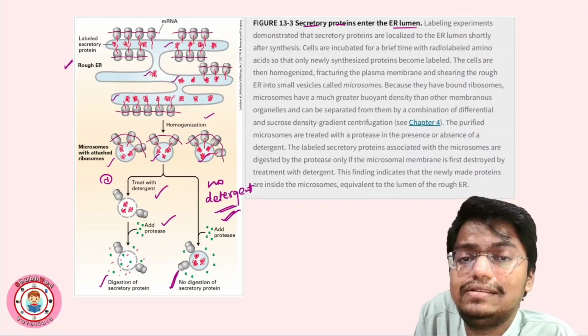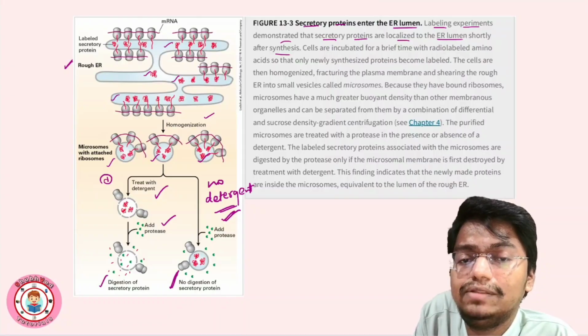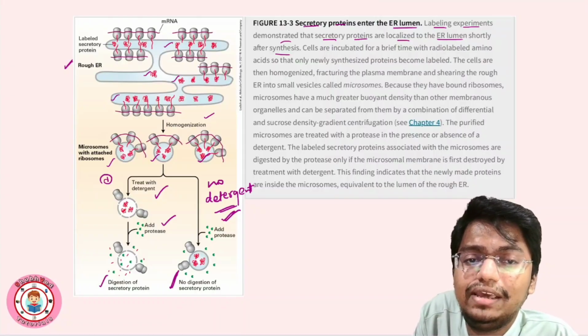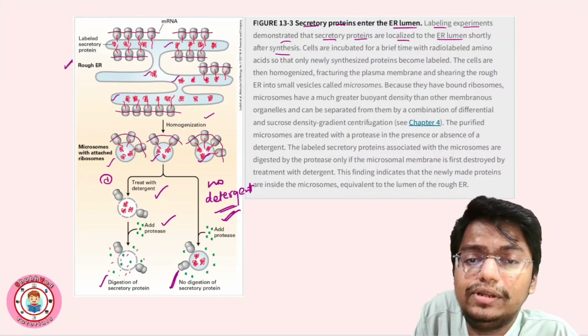दैट्स इट. लेट्स रीड. Labeling experiments demonstrated that secretory protein are localized to the ER lumen shortly after synthesis, right. secretory protein मतलब co-translational pathway है ये, synthesis के बाद ER lumen में हमें मिलते हैं secretory proteins.